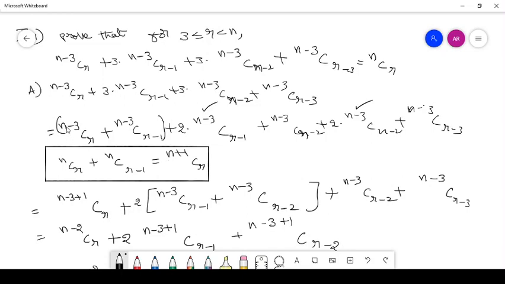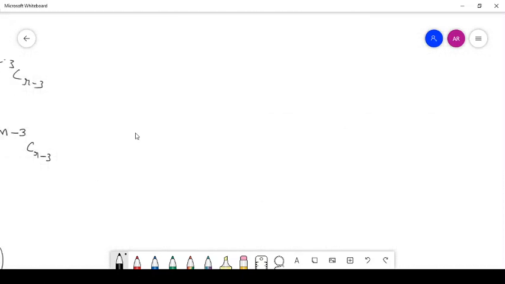Applying this, n minus 3 plus 1 is n minus 2 Cr, and similarly the remaining terms too. Okay. Next you can do one problem by using this. Apply the same process; try it yourself.